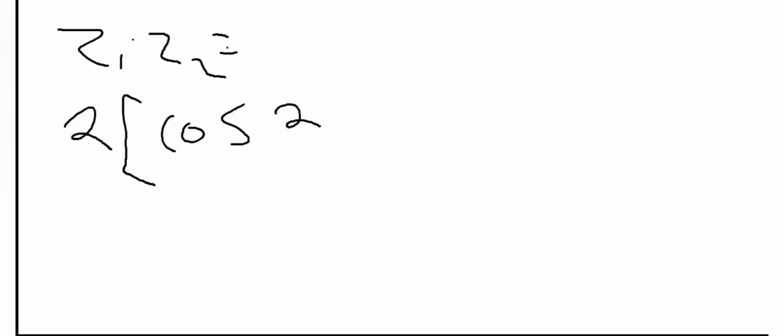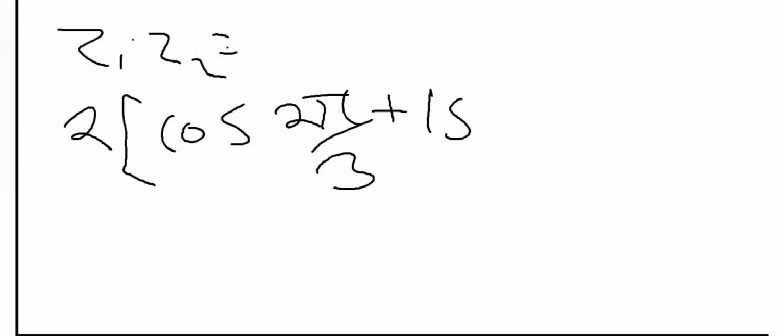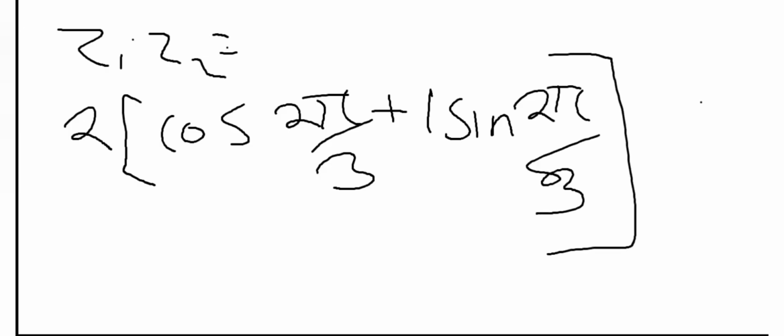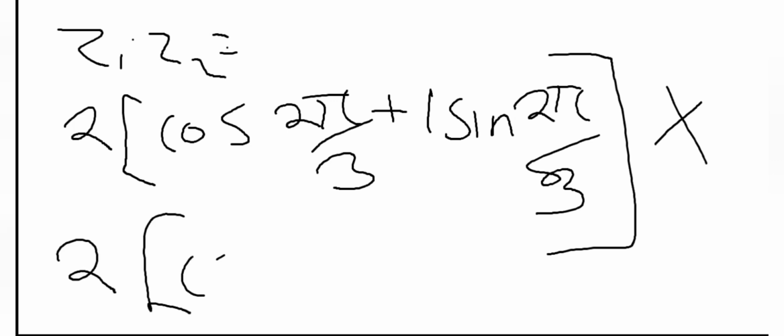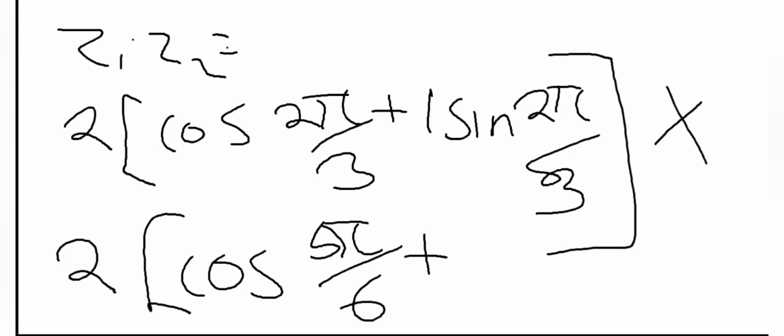We have z1 times z2, which will equal 2 of open bracket cos 2 pi over 3 plus I sine 2 pi over 3, close brackets, multiplied by 2 of cos 5 pi over 6 plus I sine 5 pi over 6.